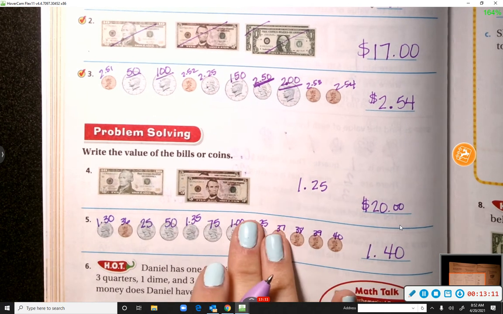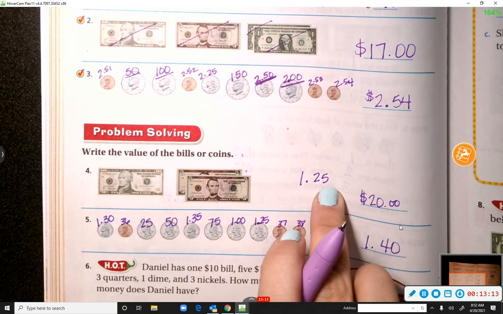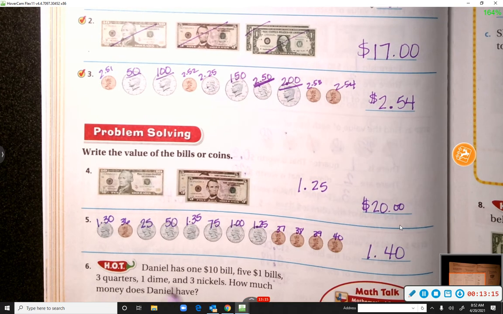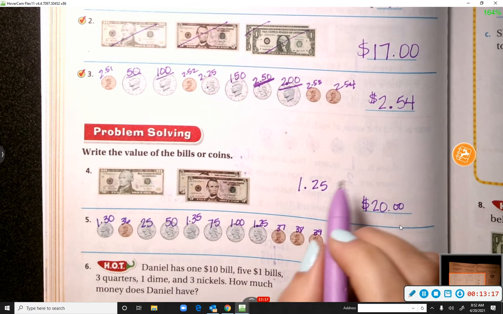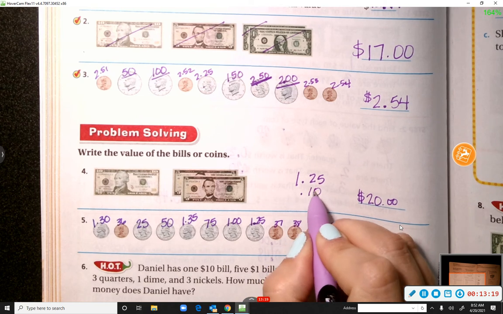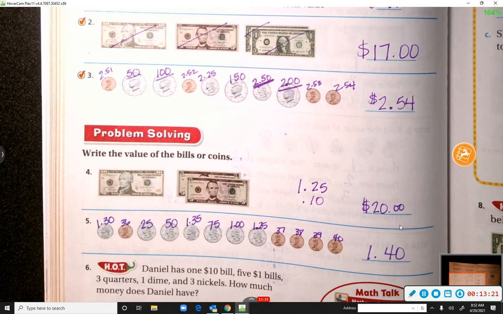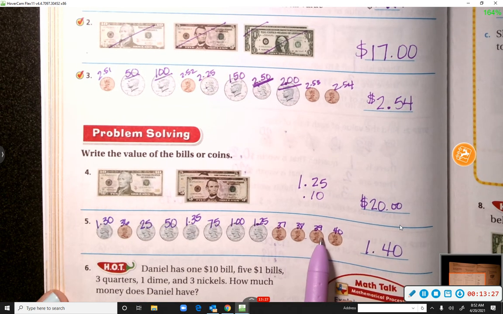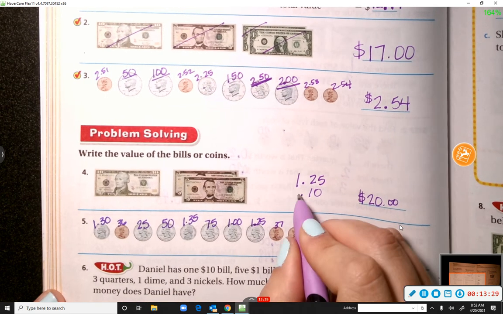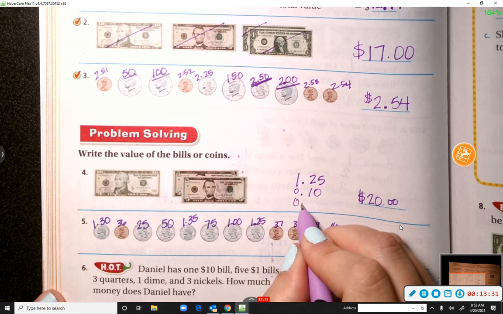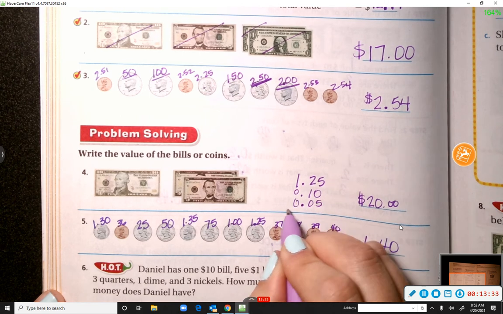Okay, so if you wanted to, you could have said $1.25 in quarters plus 10 cents in nickels. I'm just showing you this way in case you did it like this. And then there was 5 cents in pennies. 1, 2, 3, 4, 5. So I would write that as 0.05.